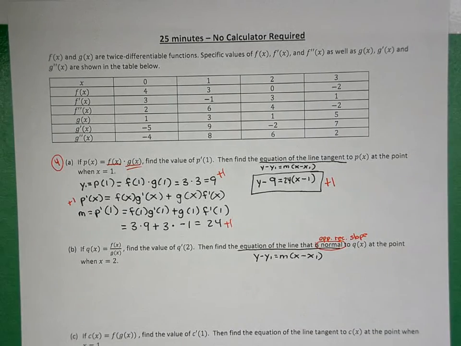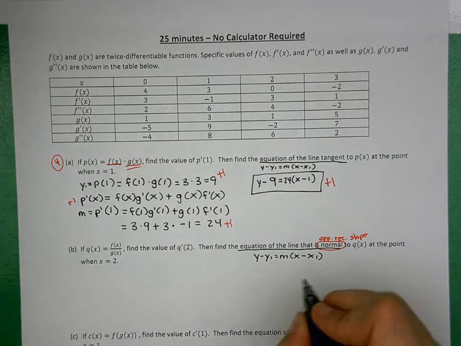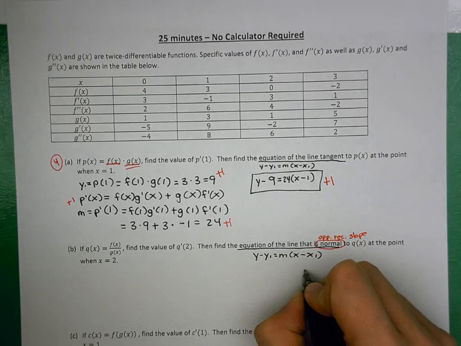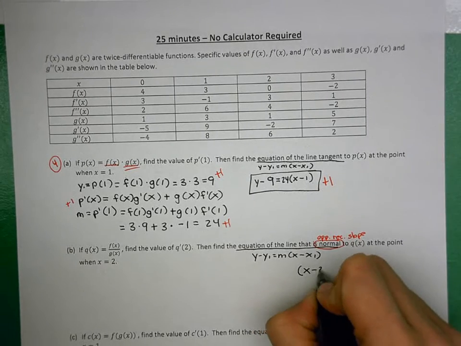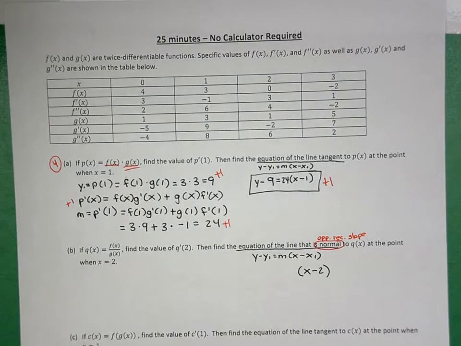But everything else is going to be pretty much exactly like part A. Okay, so my x1 first off is 2 in this particular case, x minus 2.